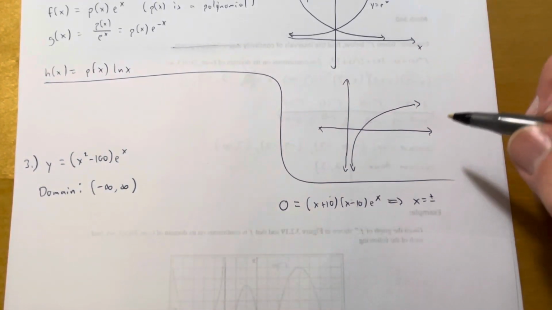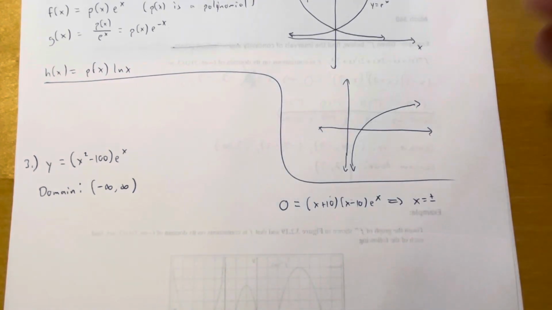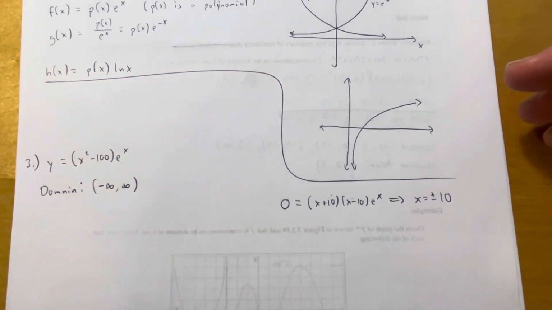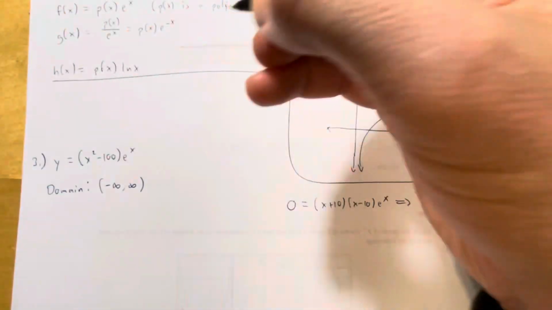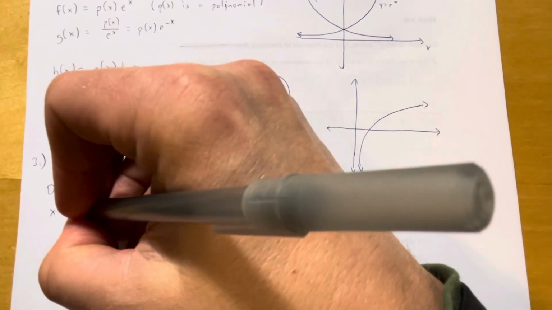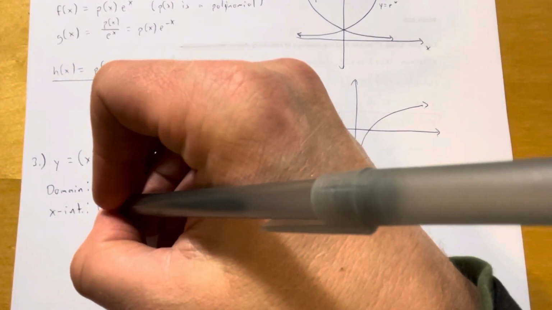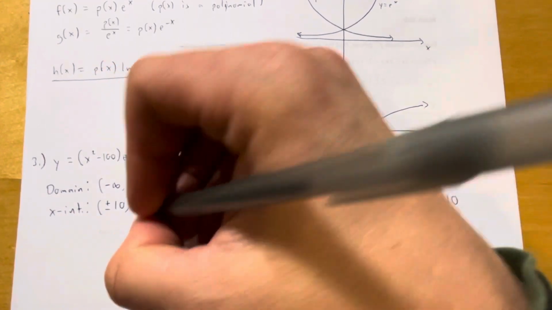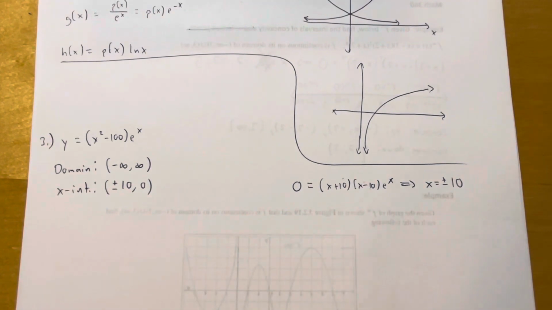If you set e to the x equal to 0, you get no solution because e to the x can only be positive. So plus or minus 10 are the only solutions I'm going to get. Okay, those give me my x-intercepts. You can actually write plus or minus 10, 0. What that means is that we're talking about 2 points, 10, 0 and negative 10, 0, but this is an acceptable kind of shorthand for that.